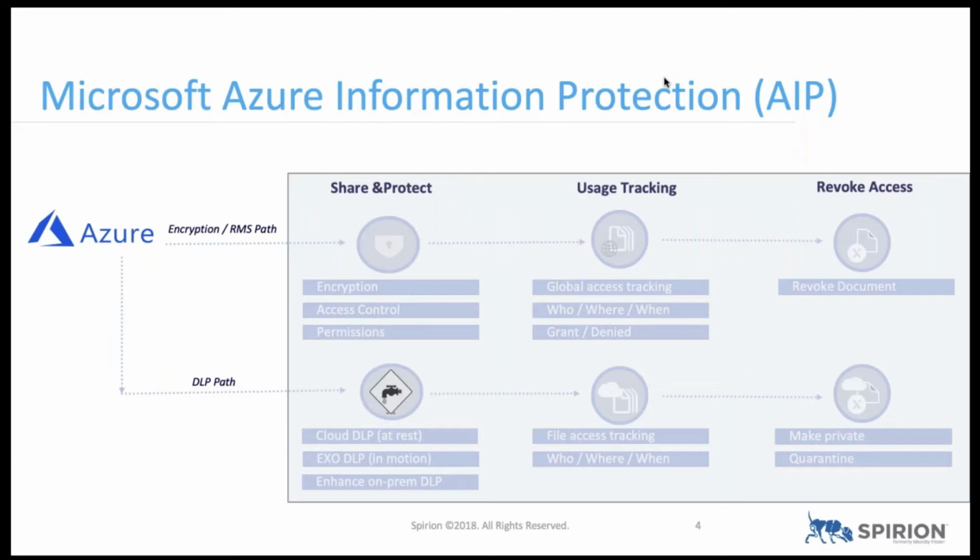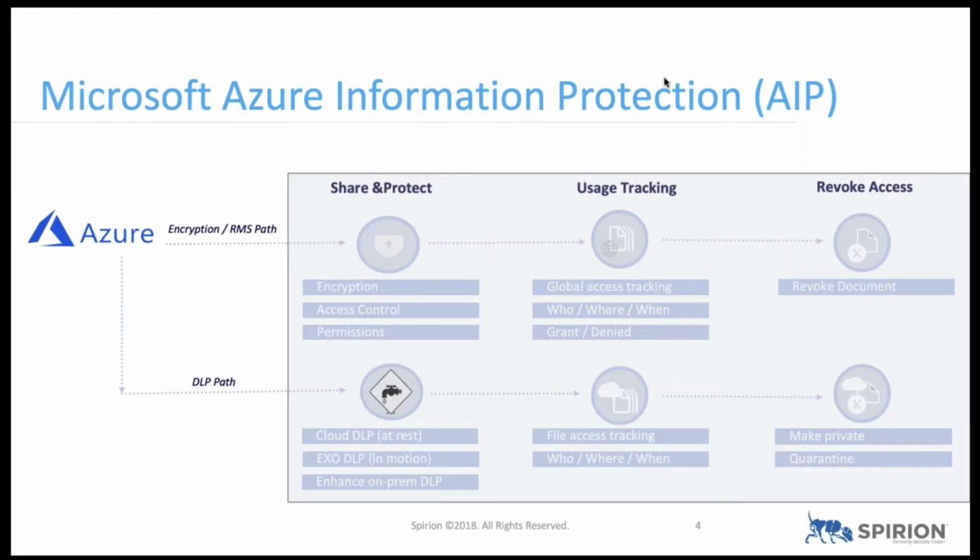And so what customers are really trying to do with the Microsoft AIP MIP, which stands for Azure Information Protection and Microsoft Information Protection, is leverage one of two paths. I have them shown here on the screen: either leveraging their rights management system and using encryption, or their data loss prevention technologies. And that's what AIP MIP allows you to do.